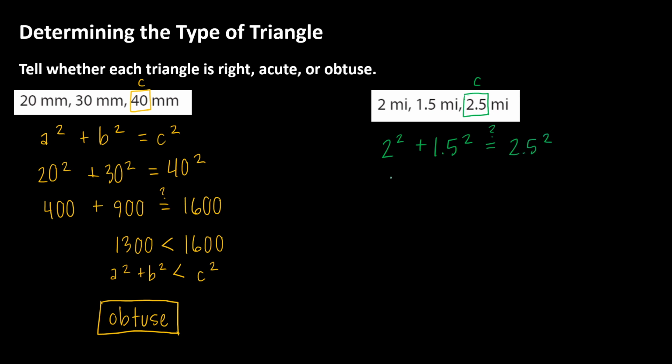Using order of operations, 2 squared is 4. 1.5 squared is 2.25, and 2.5 squared is 6.25.